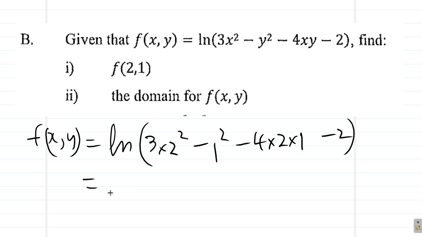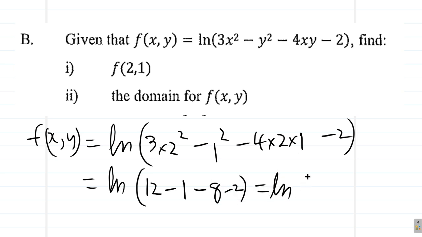So we have the natural logarithm of 2 2's are 4, 4 3's are 12. So we have 12 minus 1 squared is 1, minus 4 2's is 8, minus 2, equals ln 12 minus... alright, so 12 minus 1 is 11... so 12 minus 2 is 10, 10 minus 8 is 2, 2 minus 1 is 1.